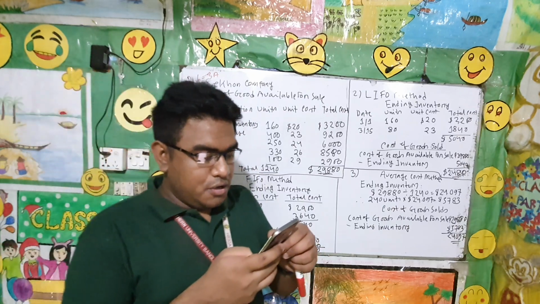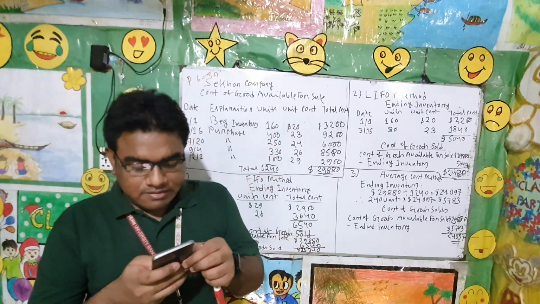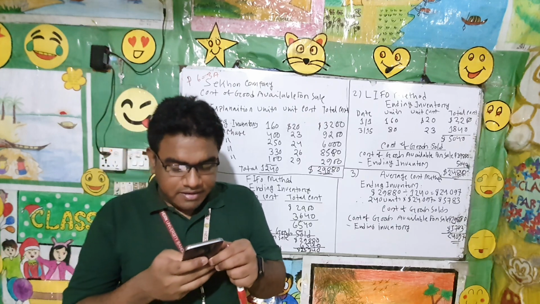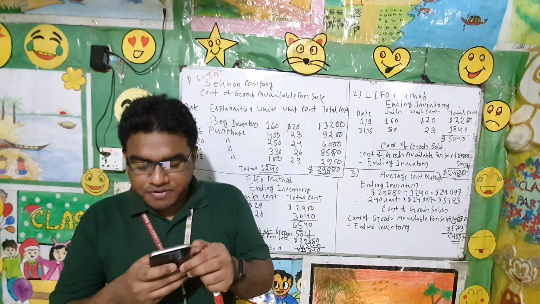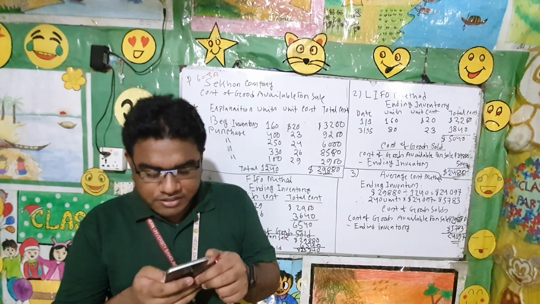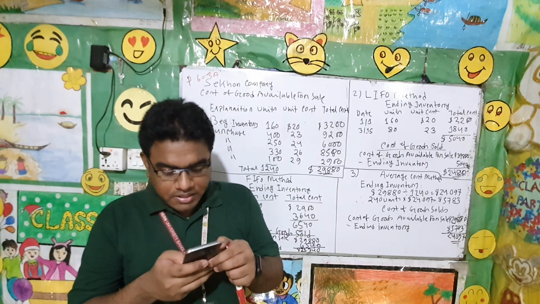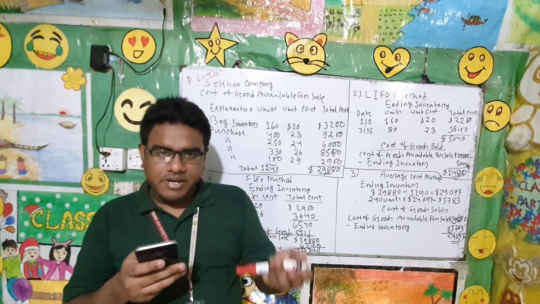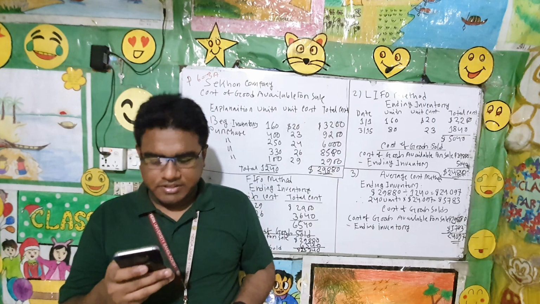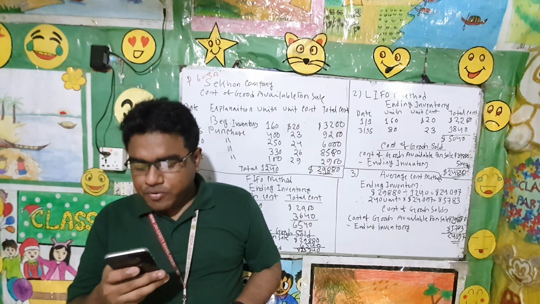P6-3A: Secong company had a beginning inventory on January 1st of 160 units of product. Here they have mentioned a specific product; in your exam you will get another specific type of product, at a cost of $20.